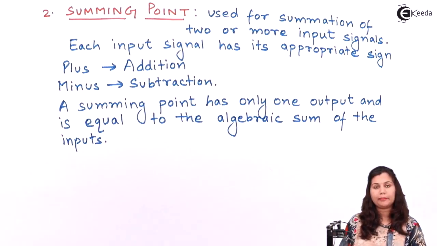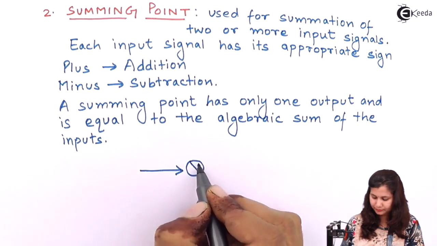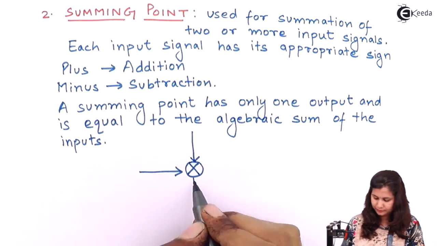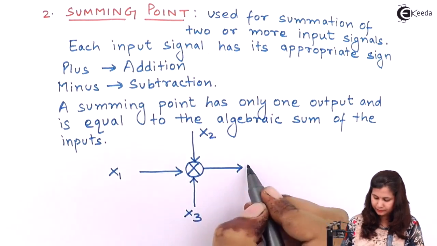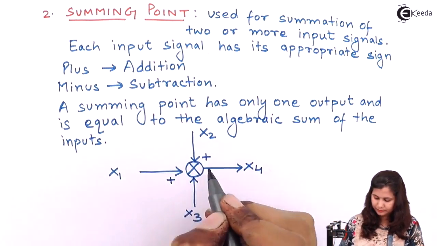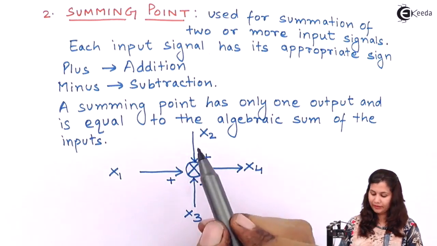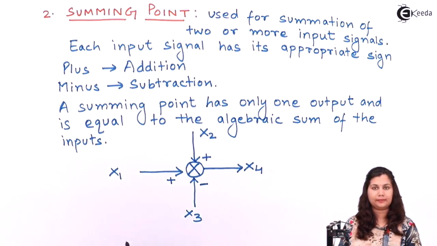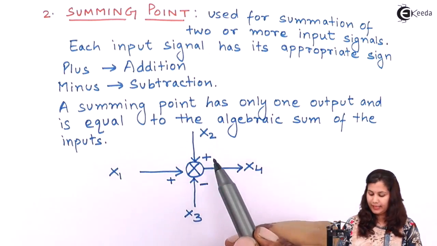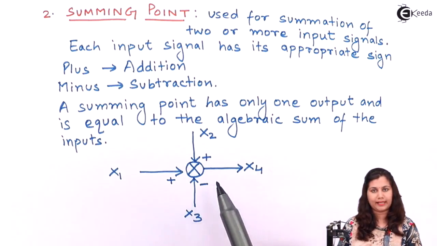Let's see how a summing point can be represented. So this is a summing point which has three inputs, x1, x2 and x3. The x1 input signal has a plus sign, x2 also has a plus sign and x3 has a minus sign.